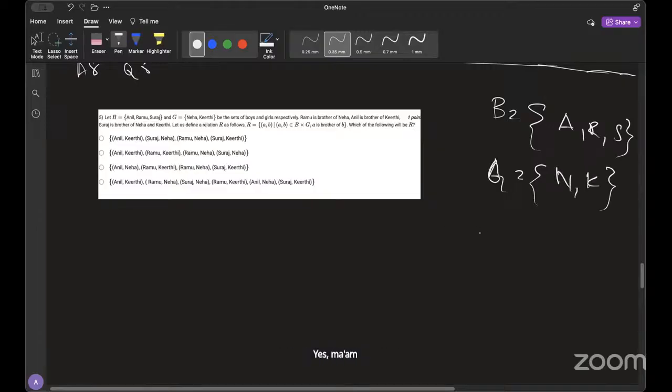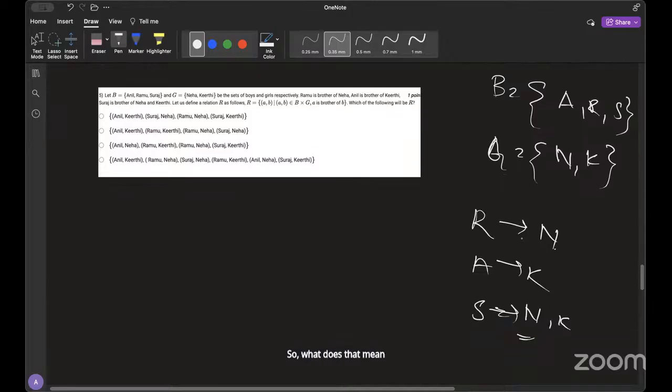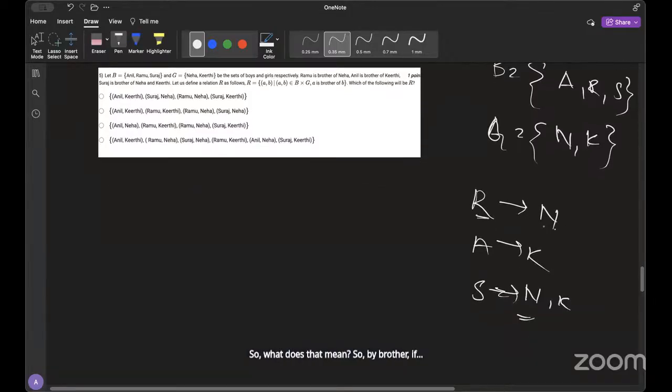They say that Ramu is brother of Neha, Anil is brother of Kirti, and then Suraj is brother of both of them. So what does that mean? So if this person is brother of this, this is brother of this, and this is brother of these two, then doesn't it just mean that they're all siblings?